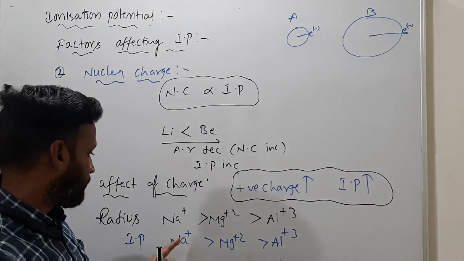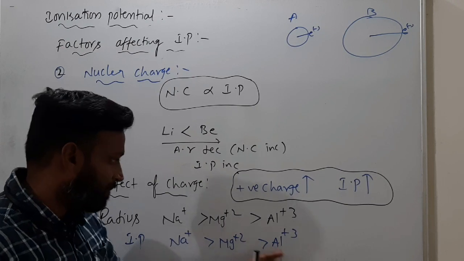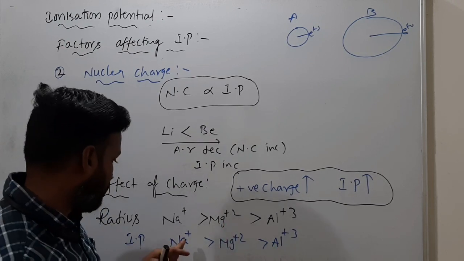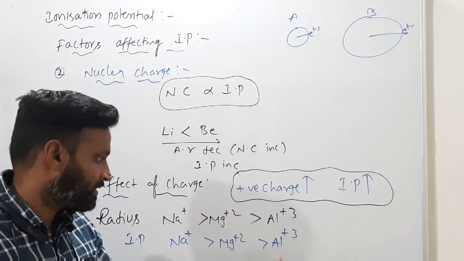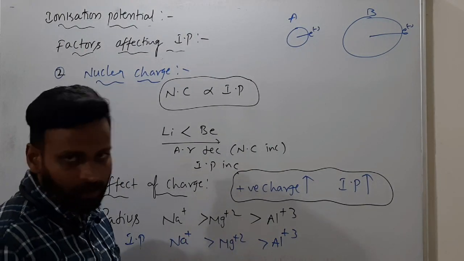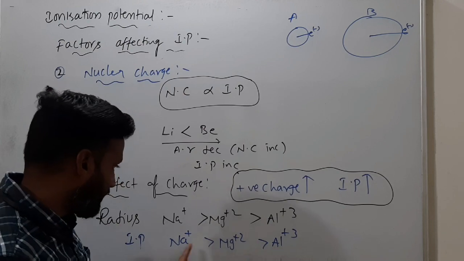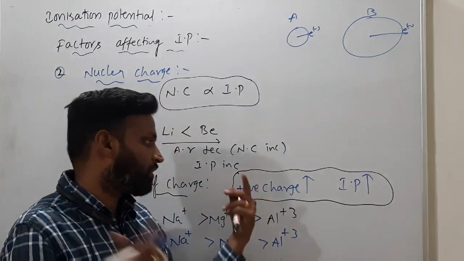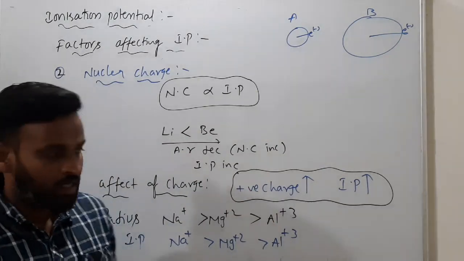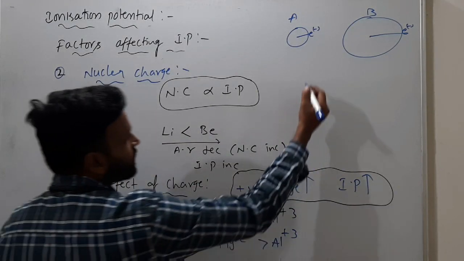You can remove an electron more easily from Na+ comparatively. Of course, removing an electron from Na+ is difficult, but I am giving a simple example. Na+ is also stable, but comparatively, from Al3+ high energy is required to remove an electron. Got it? So that is the effect of charge actually.